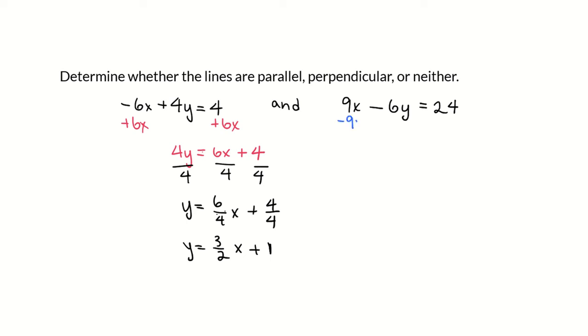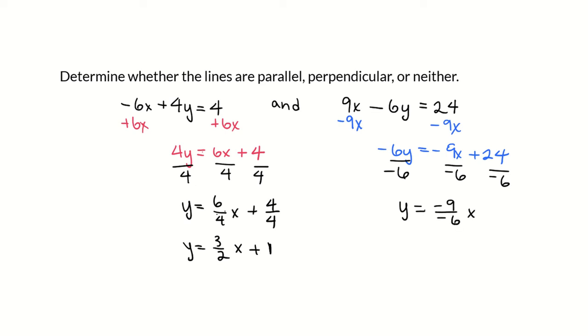We need to isolate y, so subtract 9x from both sides. That would give -6y equals -9x plus 24. Divide both sides by -6, and we get y equals -9/-6 x plus 24/-6.